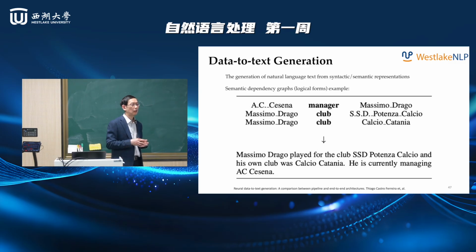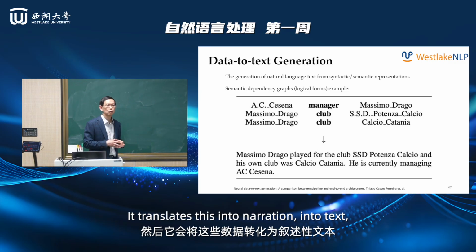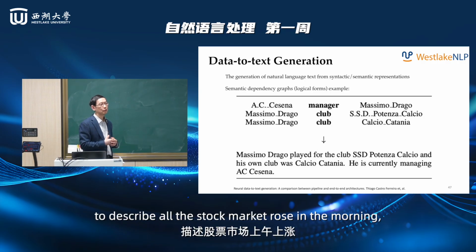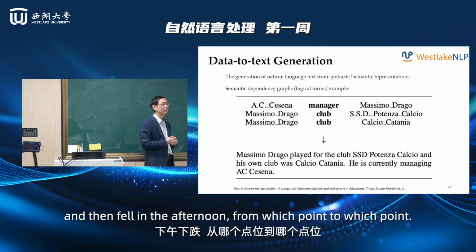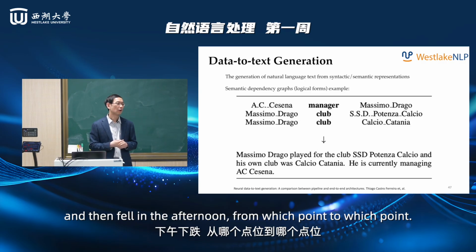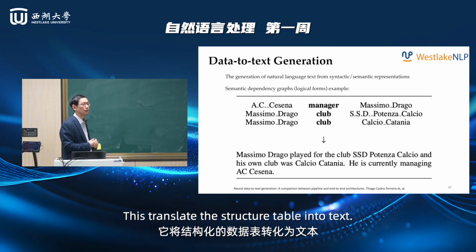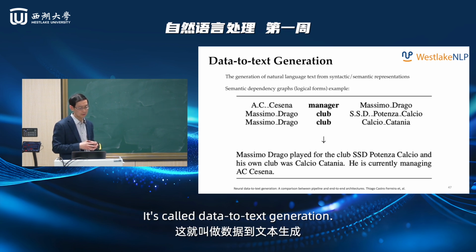And it translates this into narration, into text, to describe, oh, the stock market rose in the morning, and then fell in the afternoon, from which point to which point. So this translates a structured table into text. It's called data-to-text generation.